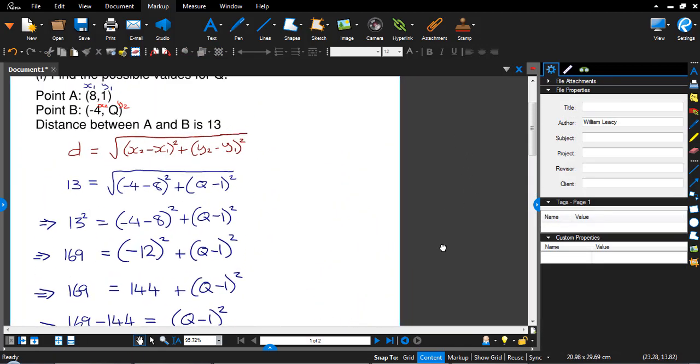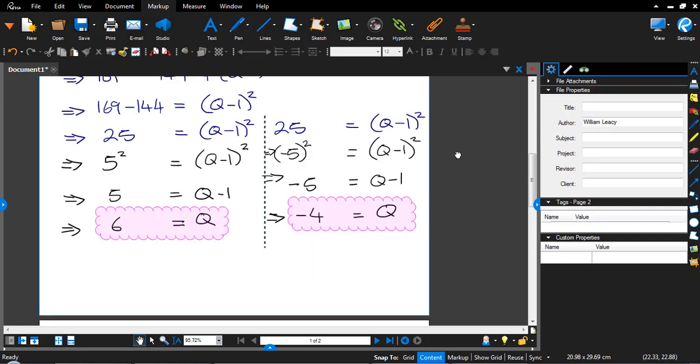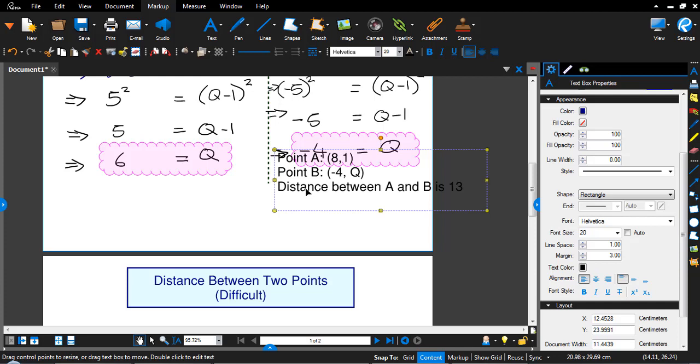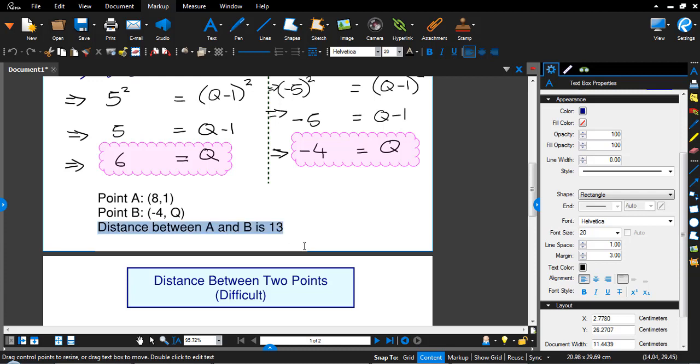So we were told the points are, I'll just drag these down. Point A is 8, 1.